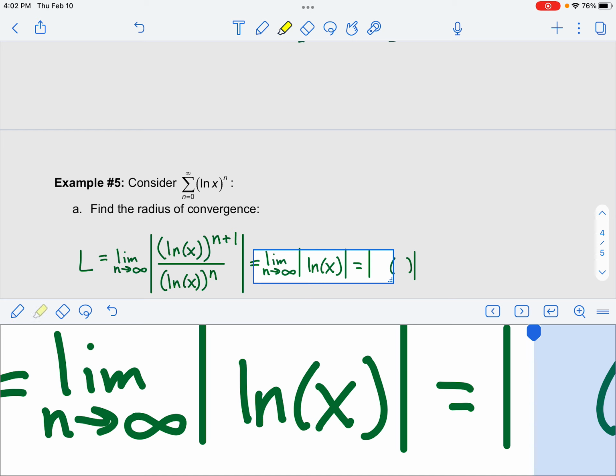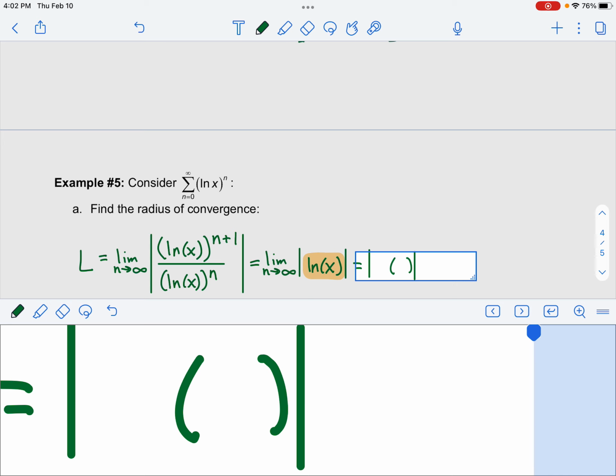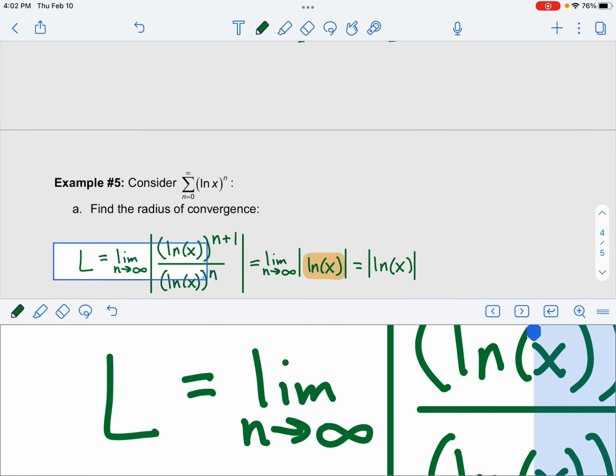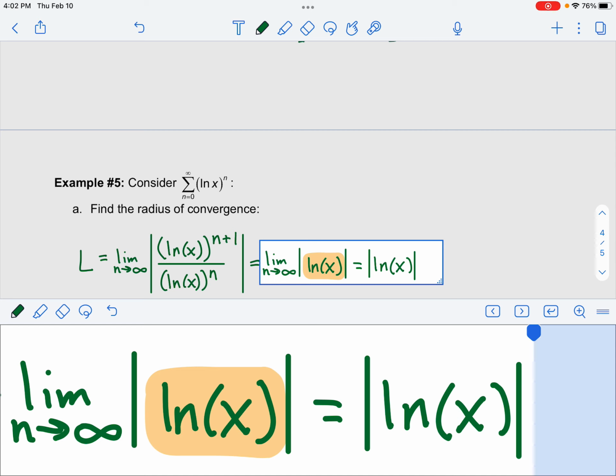And again, like many times before, this does not have any n's in it, and so we can take it out and treat it like a constant. And so this limit becomes the absolute value of the natural log of x, and that is my value for L.